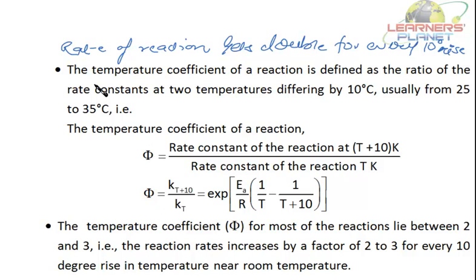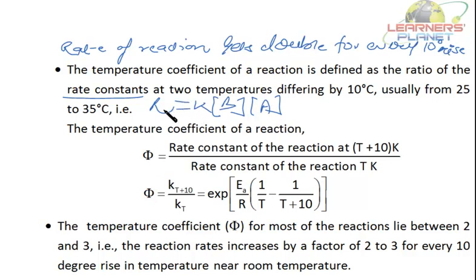Now, this effect of temperature on the reaction is given by the temperature coefficient. The temperature coefficient of a reaction is defined as the ratio of rate constants, as rate of reaction is equal to the rate constant. Rate of reaction is equal to k into the molar concentrations.